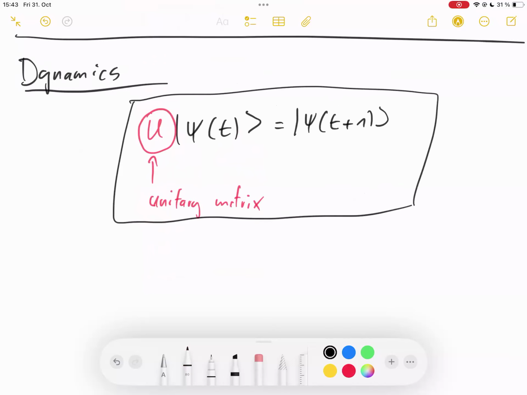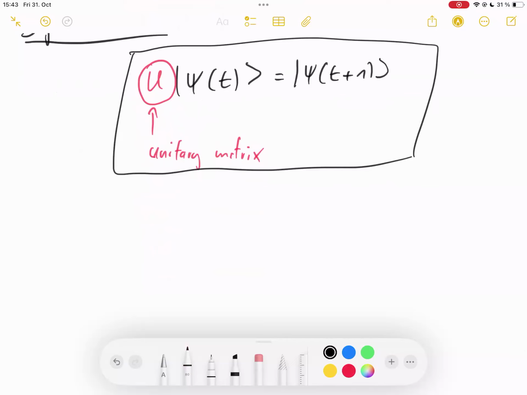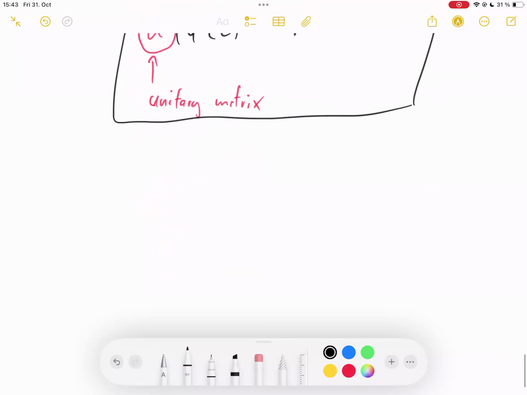And now we can look at multiple unitary matrices, different operations, to make this happen. So we have our psi that we are starting with. And we are applying some matrix now, say U1.